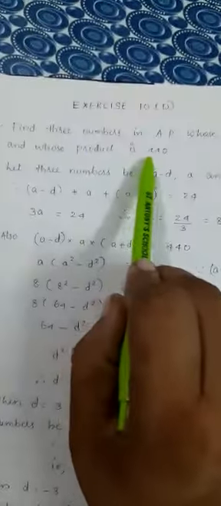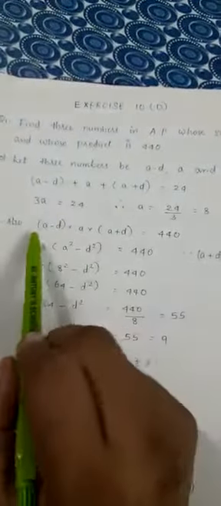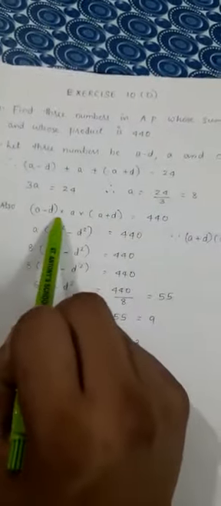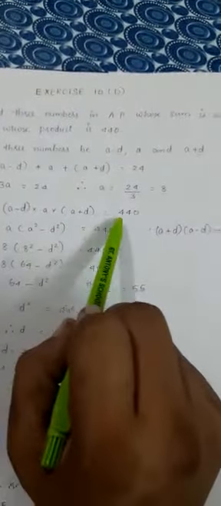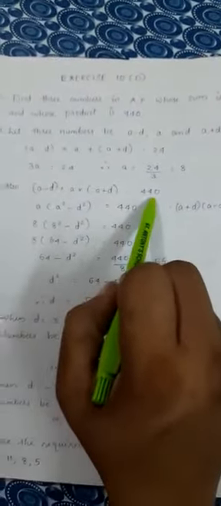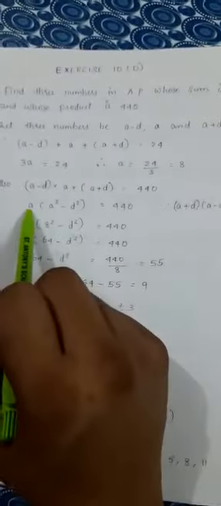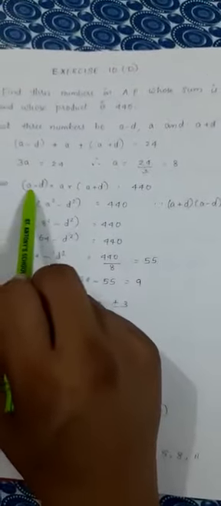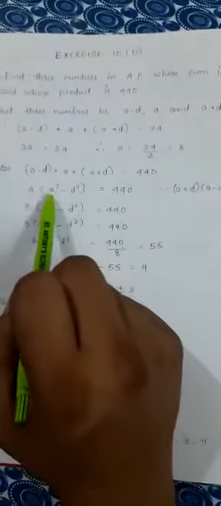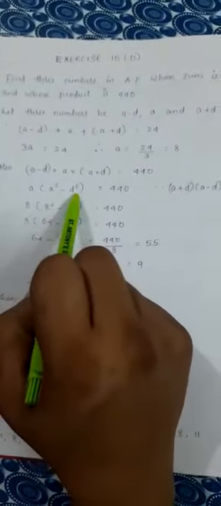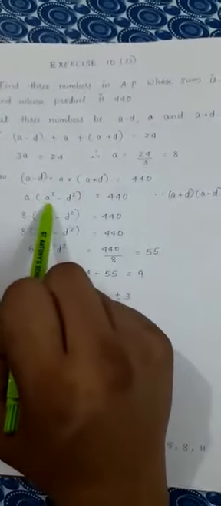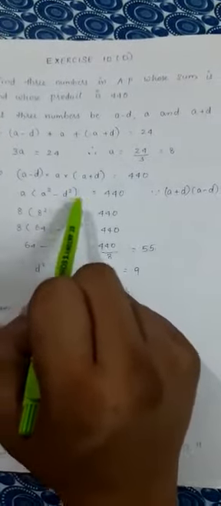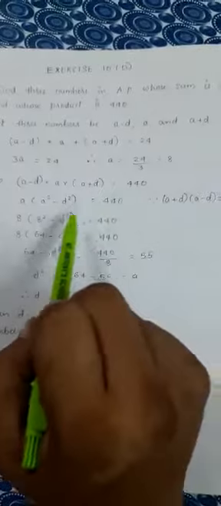Also, given that the product is 440. That is a minus d into a into a plus d equal to 440. a minus d into a plus d is equal to a square minus d square. That is a into a square minus d square equal to 440.